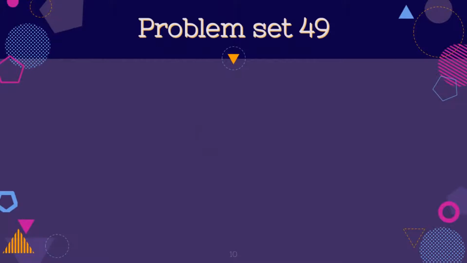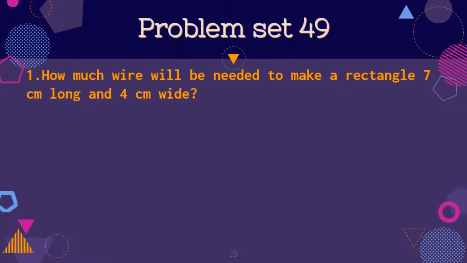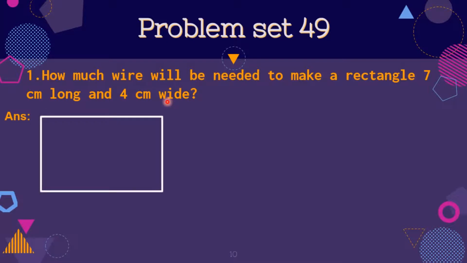Let us solve problem set 49. First question, how much wire will be needed to make a rectangle 7 centimeter long and 4 centimeter wide? Now, here we have to make a rectangle of length 7 centimeter and breadth 4 centimeter.